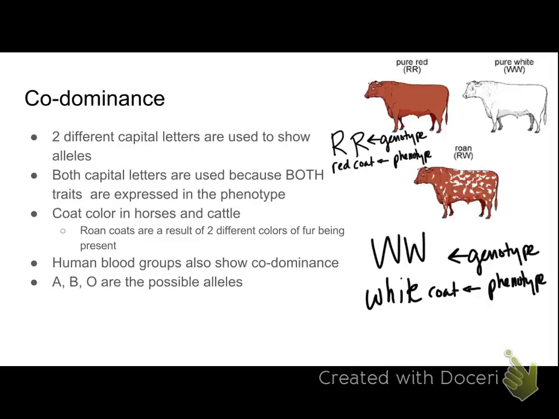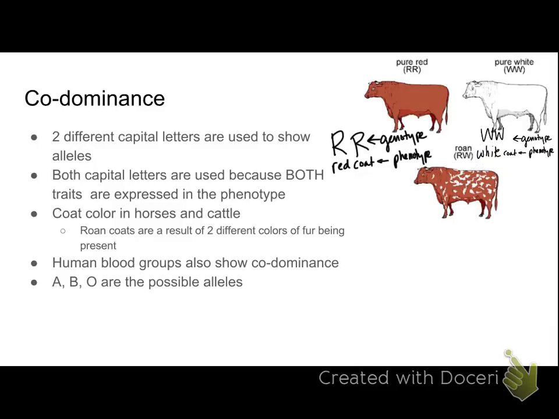So we might expect, if we were talking about a normal dominant recessive thing here, and just one of them was dominant, any offspring that got that one dominant gene would show that phenotype. But in the case of codominance, what we have is a case where both phenotypes are expressed.